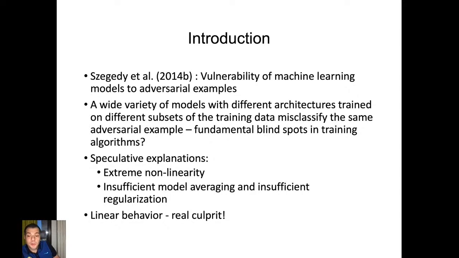So first, the models are extremely nonlinear, so this loss function is a very complicated surface, and then it is very easy to find adversarial examples in this space. So it seems that this is not the case, and the other speculative explanation is the insufficient model averaging or insufficient regularization.